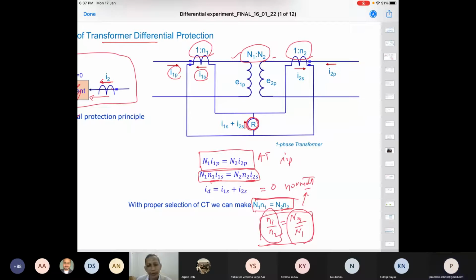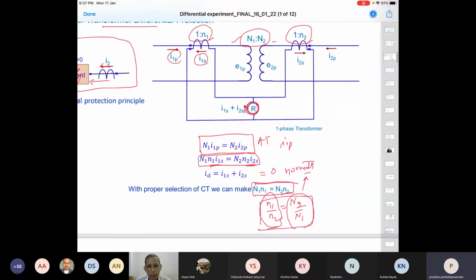Now what happens, however, is that in the market, the manufacturers don't provide this kind of CT for you. This is for the CT, this is for the main transformer. So the transformer is there, but the CT will be available as 100 to 5 or 1 ampere, 1000 to 5, 600 to 5 or 1 ampere or so.